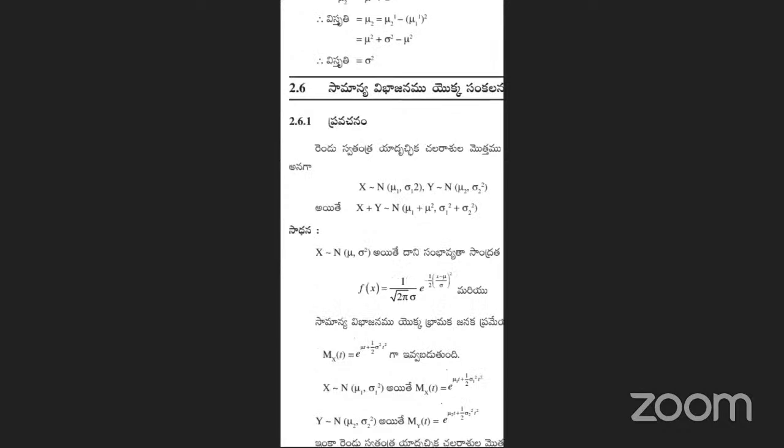And today this is also the moment generating function, which was also explained. And this is the addition property where X follows normal distribution mu1, sigma 1 square, Y follows normal distribution mu2, sigma 2 square. Then X plus Y follows mu1 plus mu2 and sigma 1 square plus sigma 2 square.